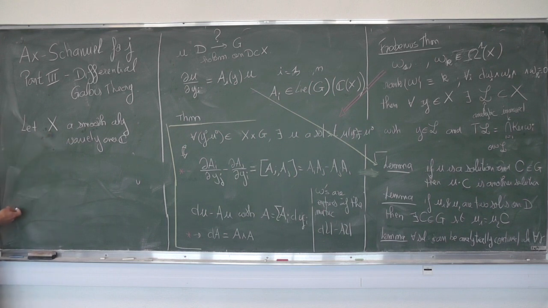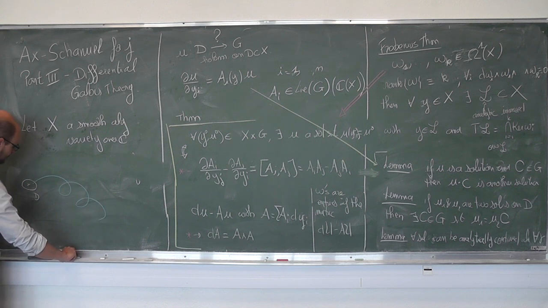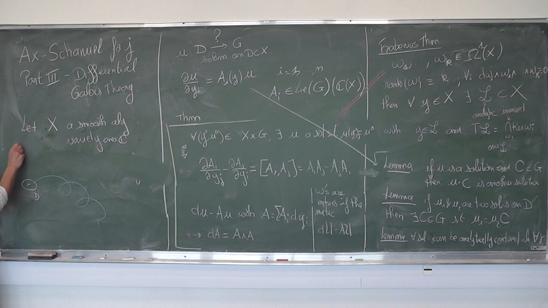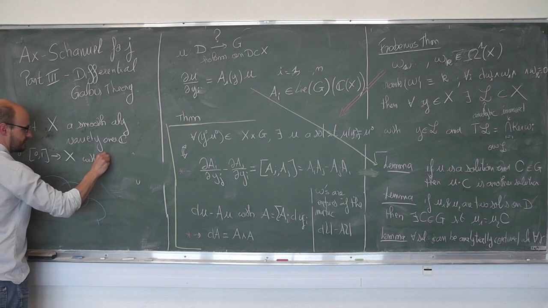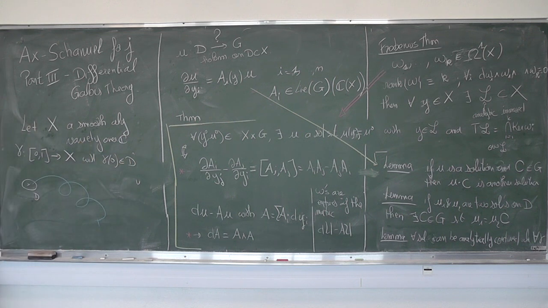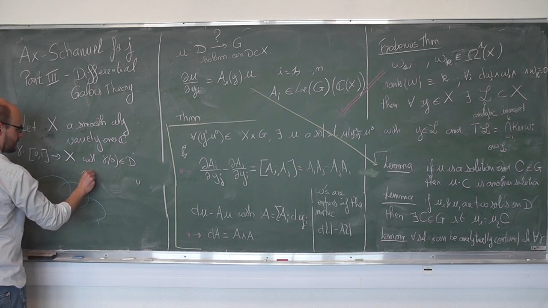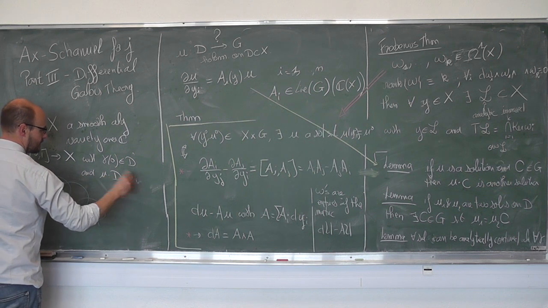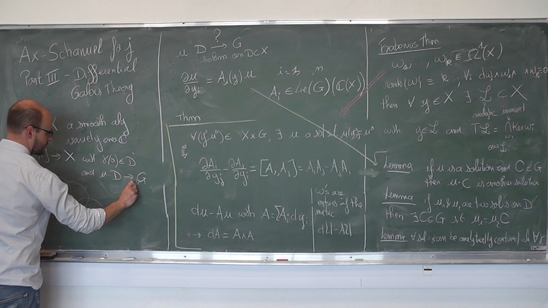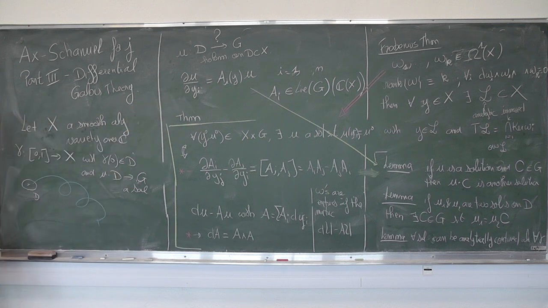So you have your manifold X, you have your open subset D inside, you have your solution living here somewhere, then you take any path from 0, 1 to X, starting inside the disk, and then you try to continue your solution from D to G, a solution of your differential system here.